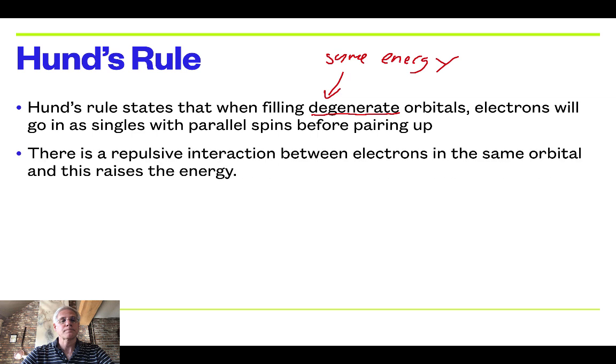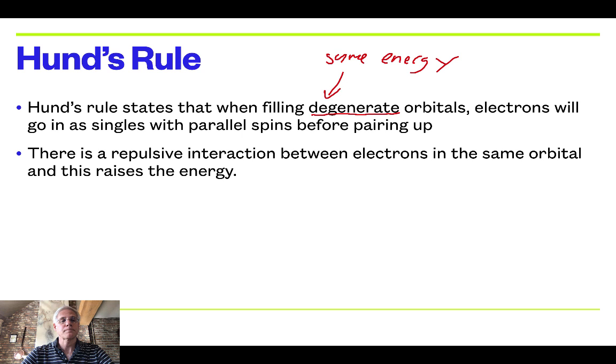Now, the reason they go in as singles before pairing up is because there's a repulsive interaction between electrons in the same orbital. Remember, your electrons have a negative charge, and similar charges always repel each other, and so that's a repulsive interaction. And repulsive interactions raise the energy of a system.